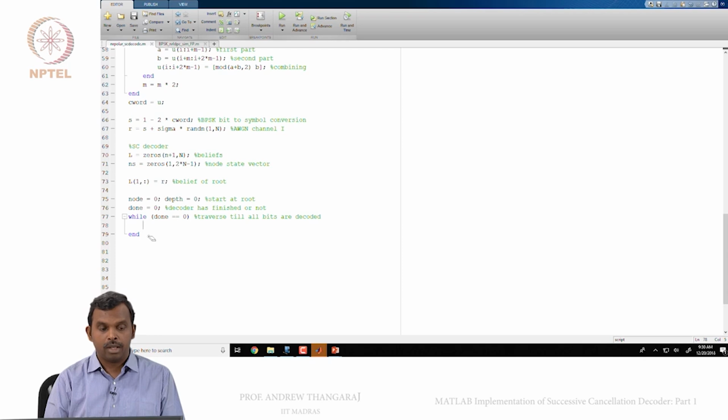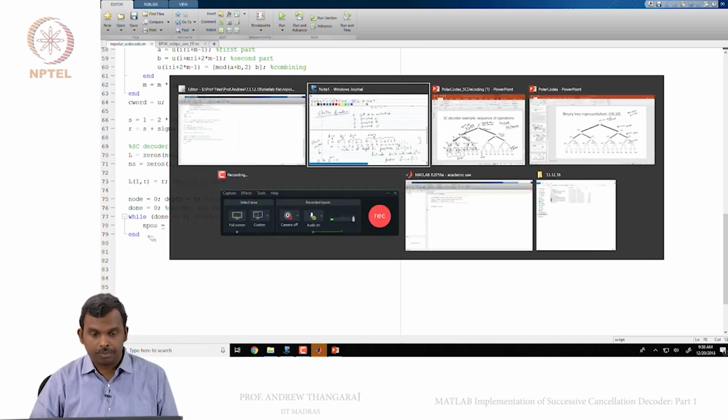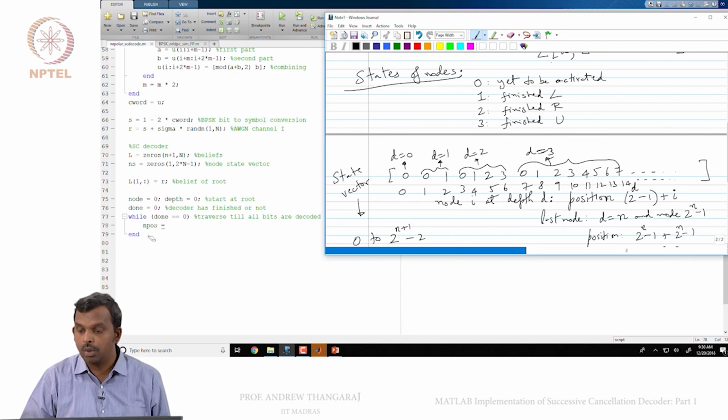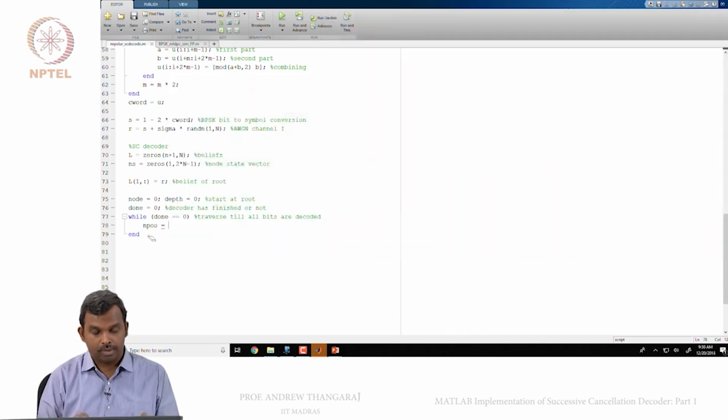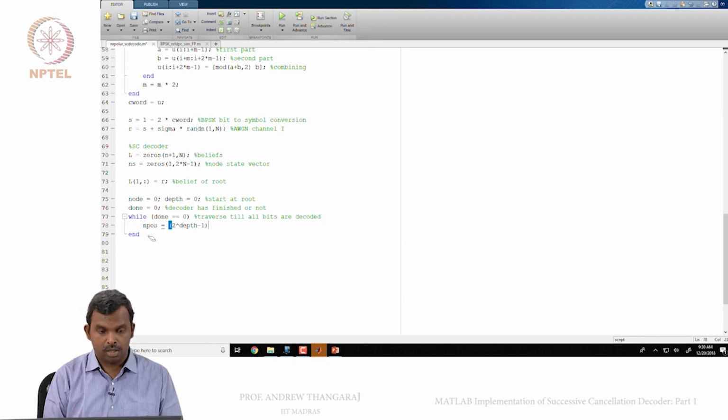So let me calculate the node position. Node position, if you remember, I just wrote it down here: 2 power d minus 1 plus i. It is 2 power depth minus 1 plus node, and then plus 1. Why do I do the plus 1?